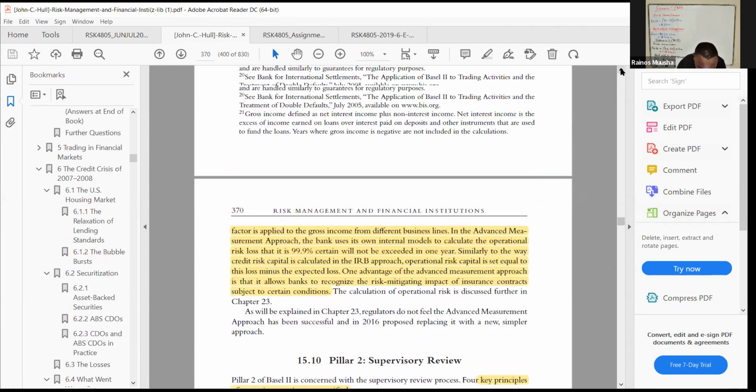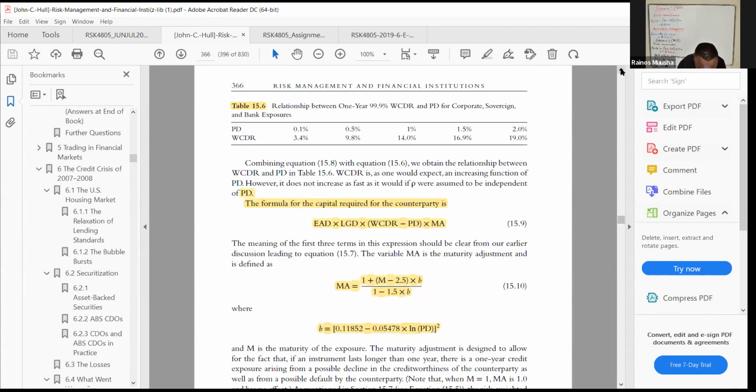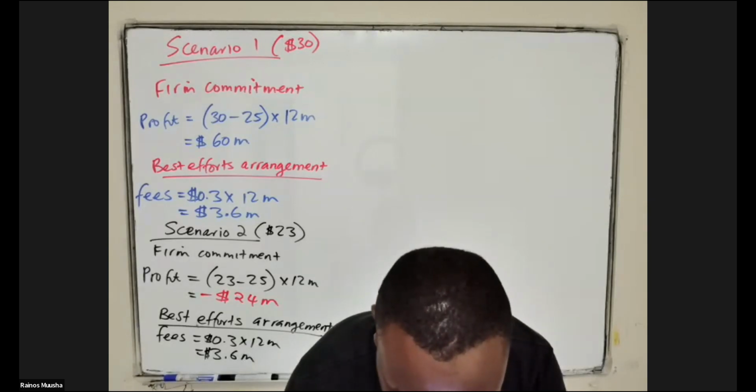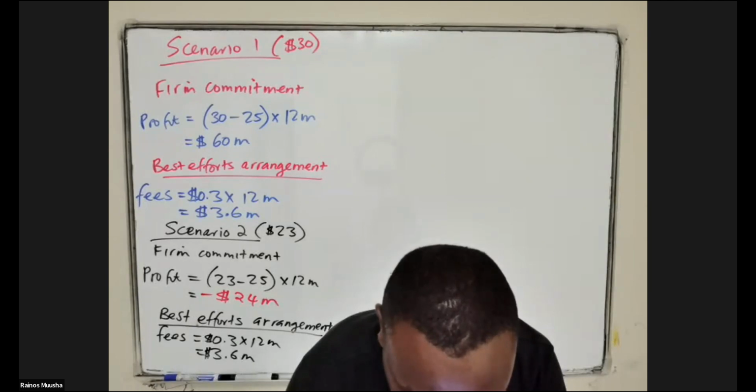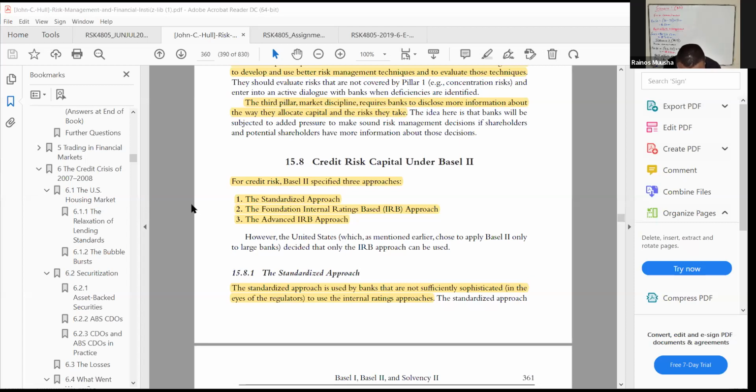just to give an overview, remember we said when you look at Basel II, on section 15.8, they say the credit risk under Basel II are specified under 3 approaches: the standardized approach, the foundation internal rating based approach, and the advanced IRB approach as well.